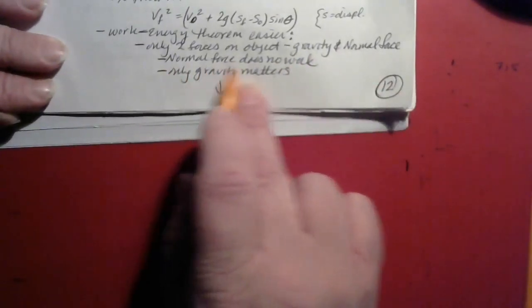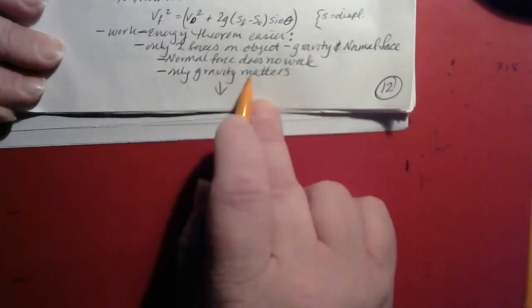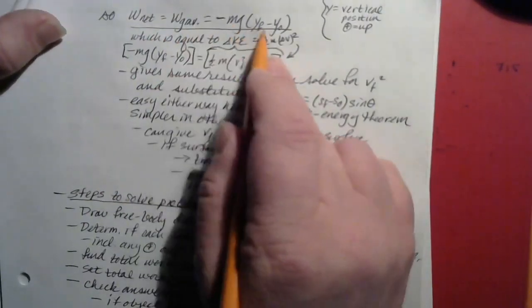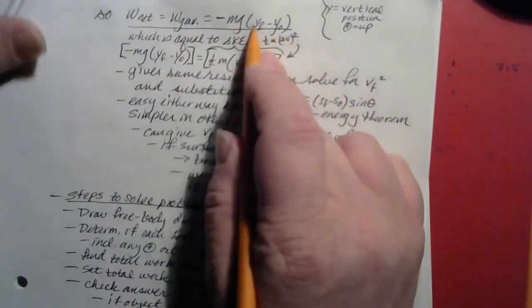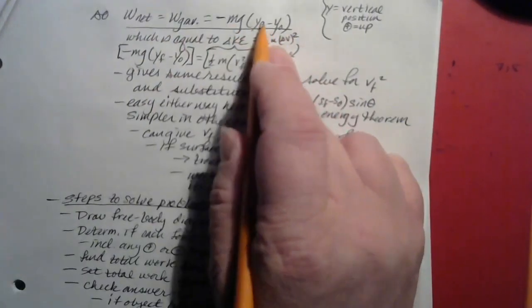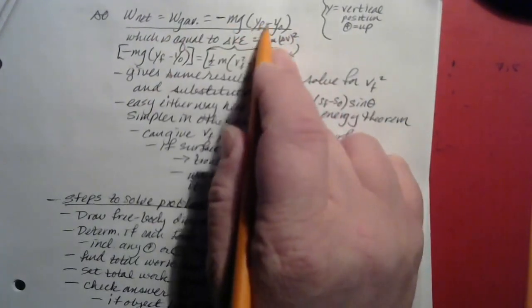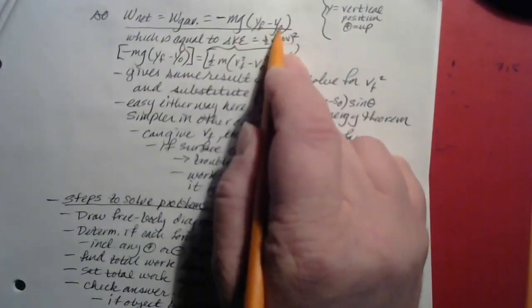The normal force, though, doesn't do any work, so you could ignore that, and so only gravity matters. So just considering gravity, the net work would be equal to the work of gravity, and that's negative mg times the final position vertically minus the initial position vertically.